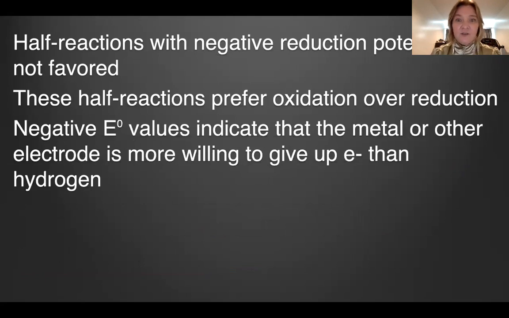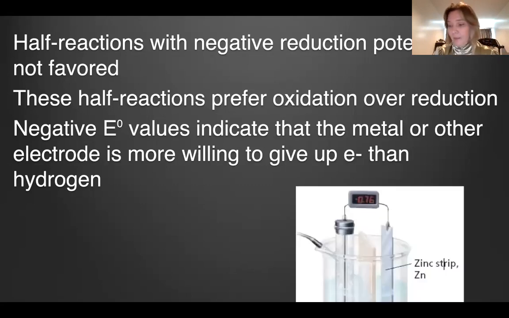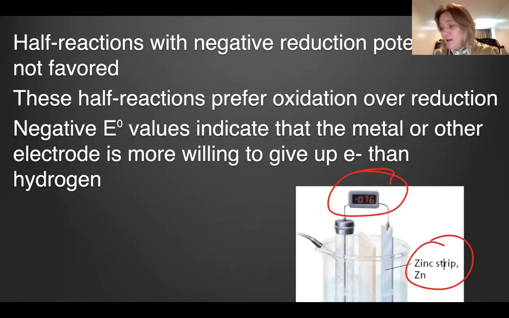Negative E0 values indicate that the metal or other electrode is more willing to give up electrons than hydrogen. So in this example, zinc is being hooked up to the SHE, and the voltage that's measured here is negative 0.76. That means that zinc compared to hydrogen would rather be oxidized and hydrogen will be reduced.